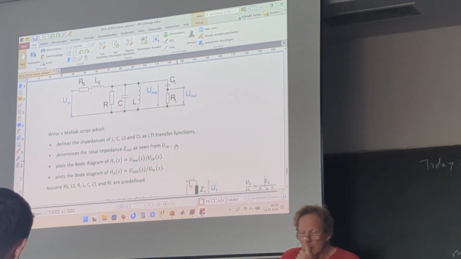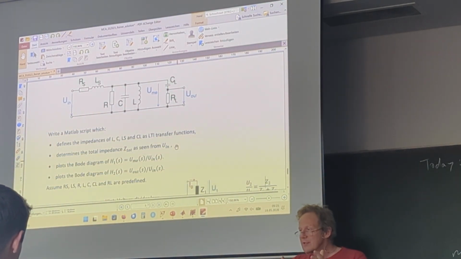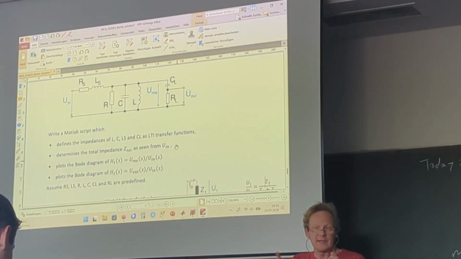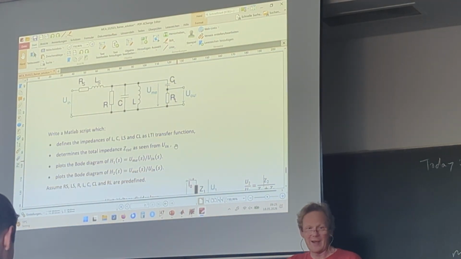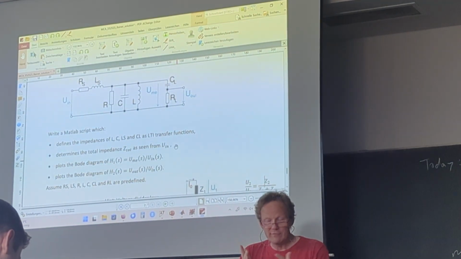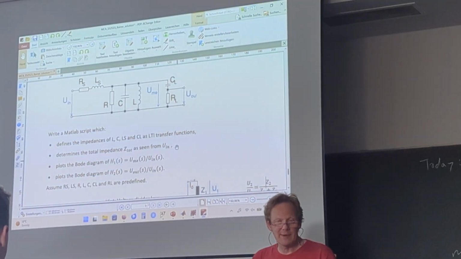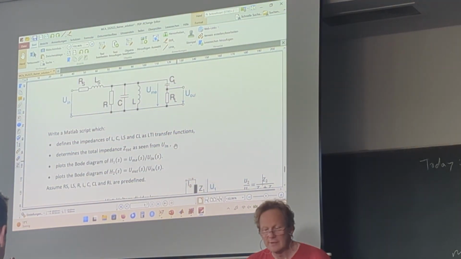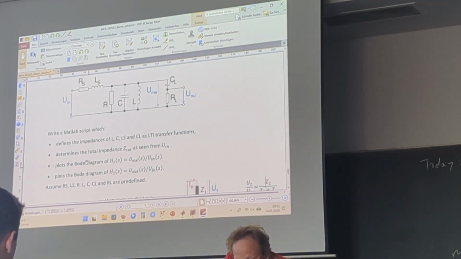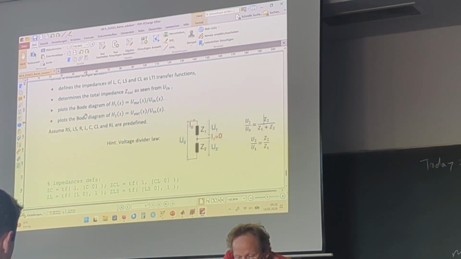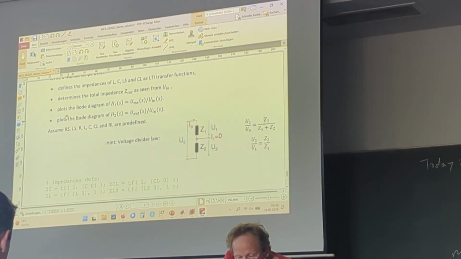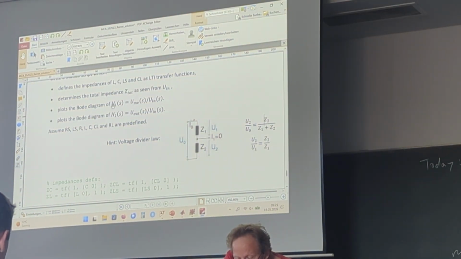You need to know their parallel impedances are, well, not directly added. You have to add admittances, so always the inverse values, and serial elements here that you can just add impedances. And then you should plot a Bode diagram of a transfer function.